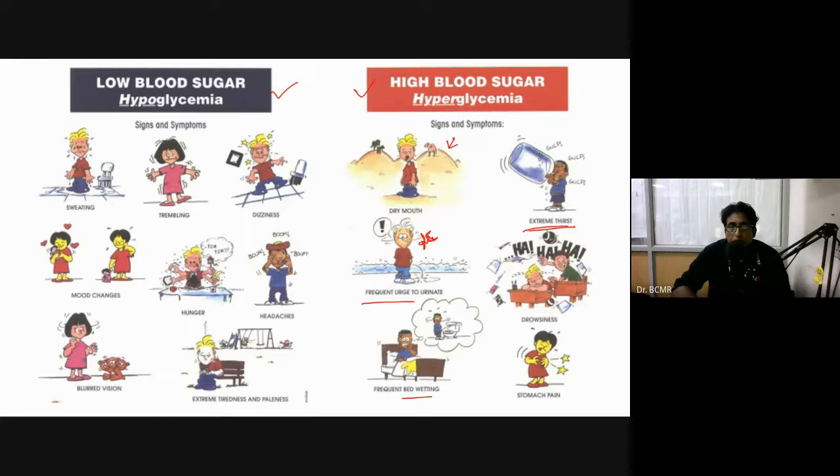So the kidney will try to pump it out, and along with that there will be a lot of urine water loss as well. Because we are losing a lot of water, we end up drinking a lot more water. That is how some of these conditions result from hyperglycemia.